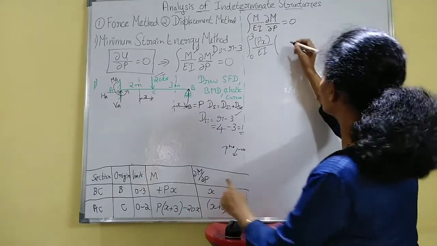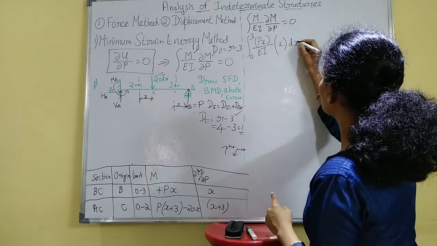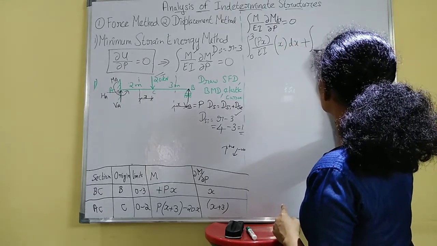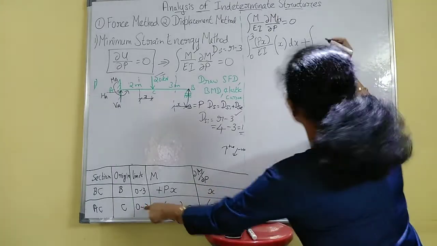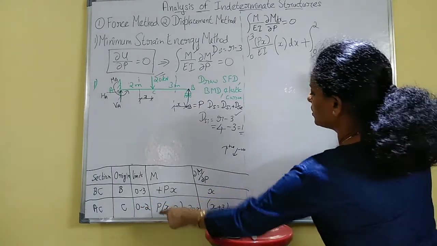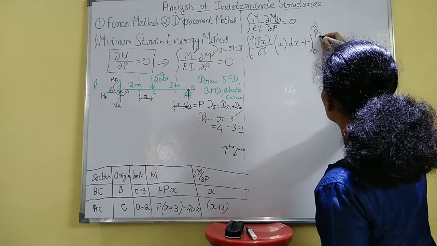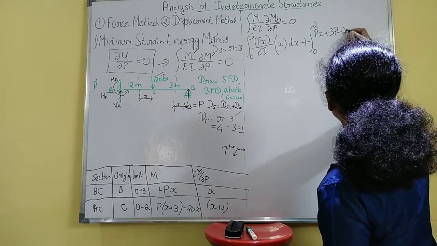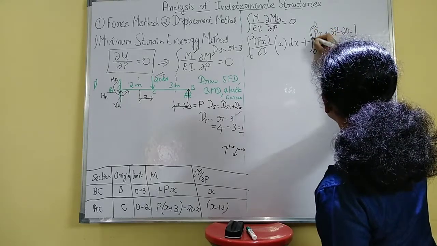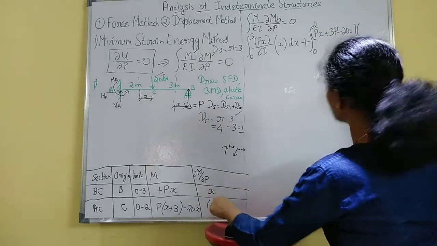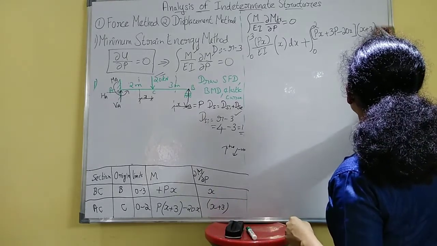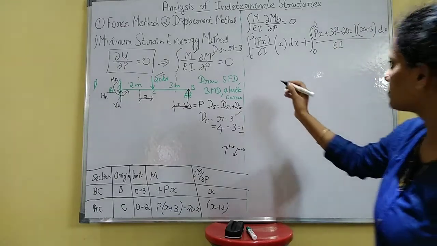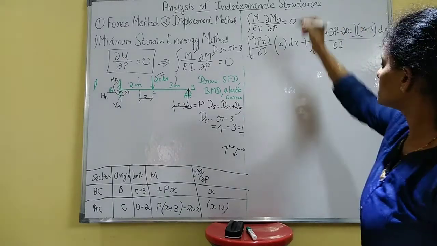Dou M by dou P is nothing but X dx, plus 0 to 2, the equation is, just remove that bracket, P into X plus 3P minus 20 into X, and here dou M by dou P is X plus 3 dx divided by EI. Just simplify, which is equal to 0.